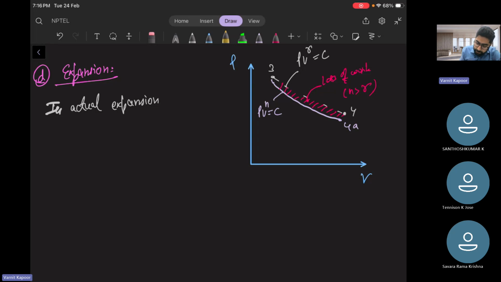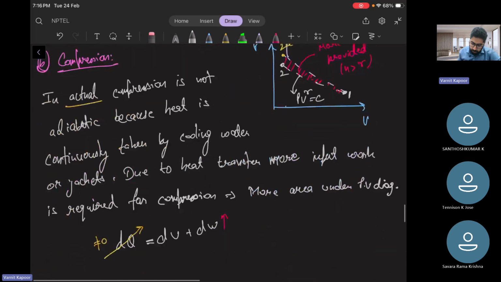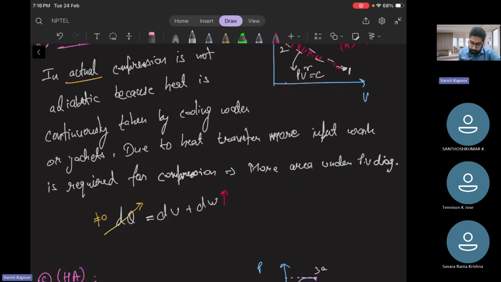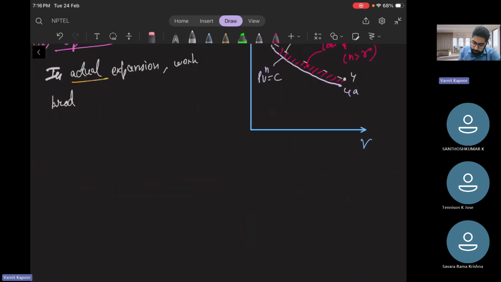In actual expansion, work produced. So same lining we will use. It's not an adiabatic process. In actual expansion, it is not an adiabatic process.